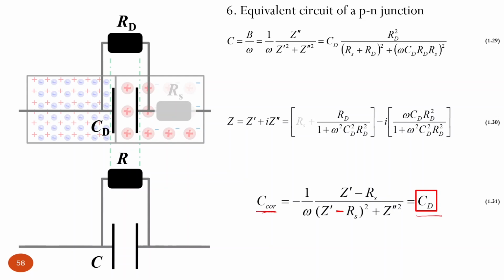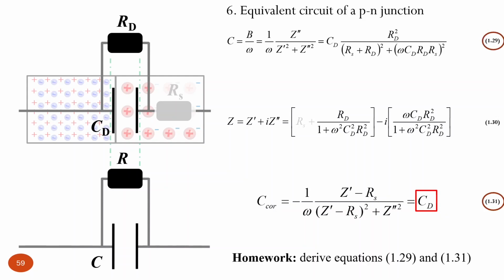We indeed get the capacitance of the depletion region, and that will be correct because we can do this in the high frequency region. We terminate all possible parasitic effects since we are working at high frequency, and we do this correction for the series resistance effect, and indeed get the correct value of depletion layer capacitance.